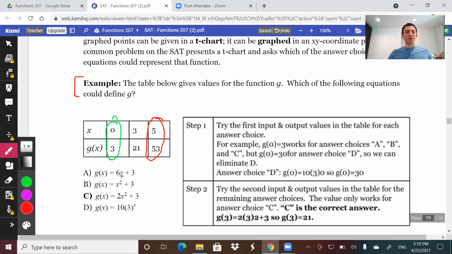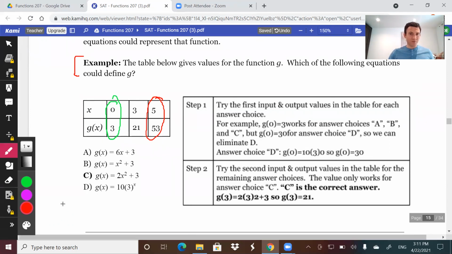If I put 5 into this first one, I get 6 times 5, that's 30. 30 plus 3 is 33. So inputting a 5 does not get you an output of 53. On this one, though, and I'll do it out just so you can see it, if we have g of 5 on answer choice C, we get 2 times 5 squared plus 3. 5 squared is 25. 25 times 2 is 50. 50 plus 3 is indeed 53.